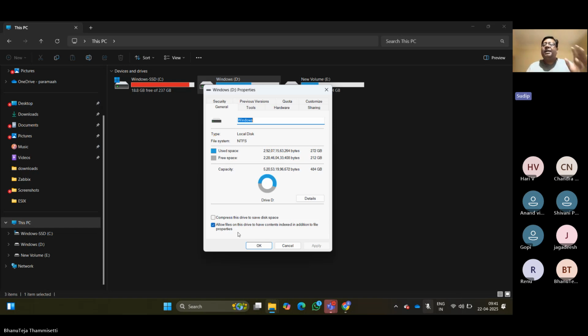But smartly, these manufacturers and software guys don't want to mention the disadvantage here. They will mention it somewhere in a document and expect the user to read through it. And we don't even read our life insurance document, so what will we read these things? Nobody reads it. So people think that by doing this, they'll get more space on their hard disk. Yes, you will, but your hard disk will become slower.